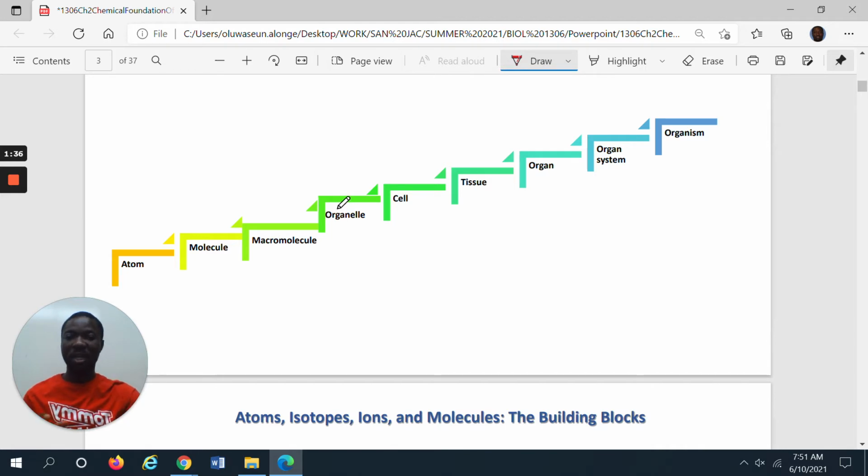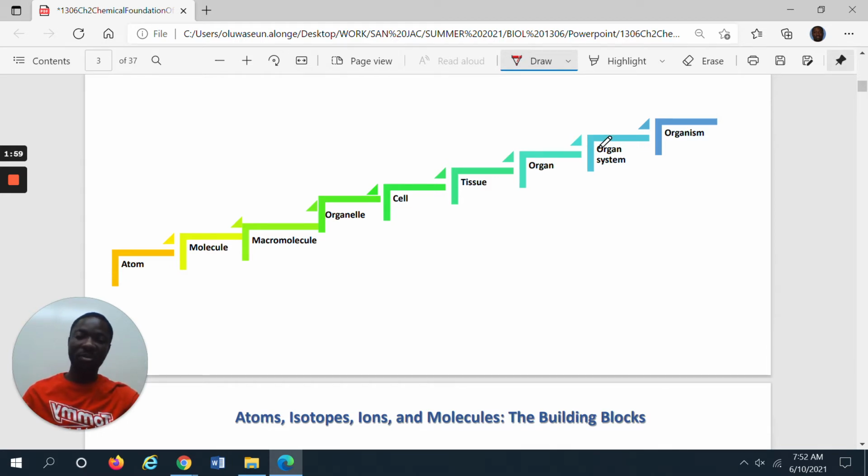Then organelles. I told you yesterday, organelles, they are the small organs inside the cytoplasm that are suspended in the cytosol, right? The cytosol is the liquid that is in the cytoplasm. Then the cell is the next one, the tissue is the next, organ is the next, and organ system is larger than organs.